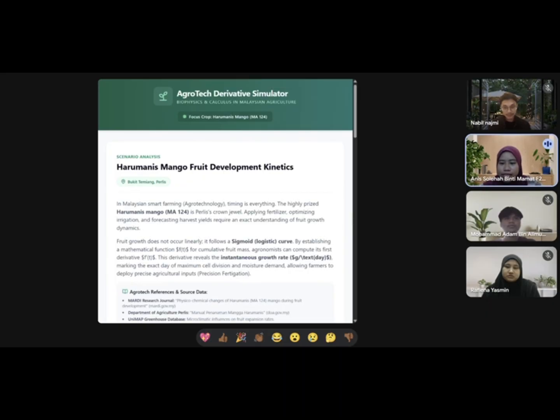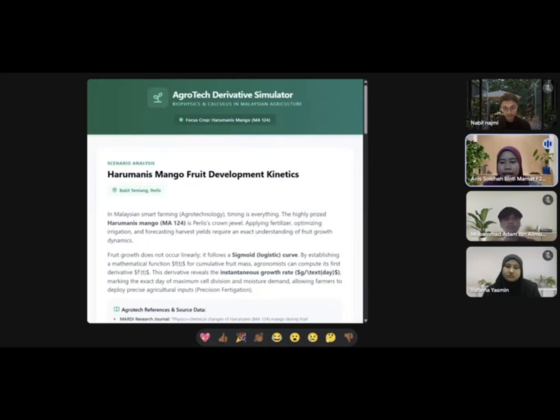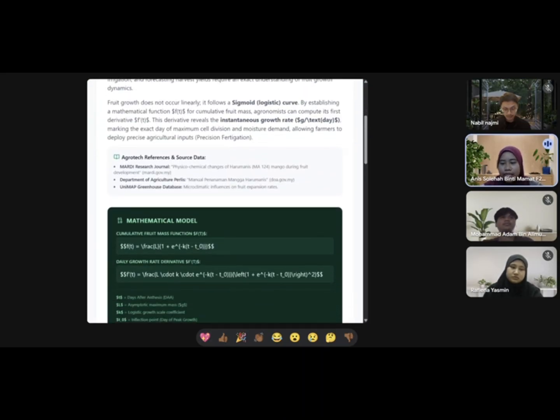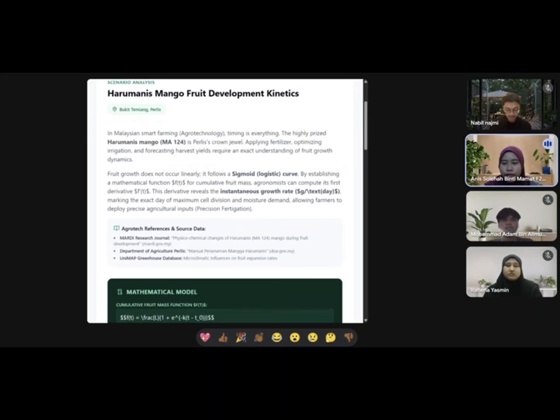Let's summarize the biological challenge. The Harumanis mango is the pride of Perlis, but it is highly sensitive to climate fluctuation. To monitor its health, we study fruit development kinetics. Fruit mass does not accumulate linearly. It follows an S-shaped growth curve.